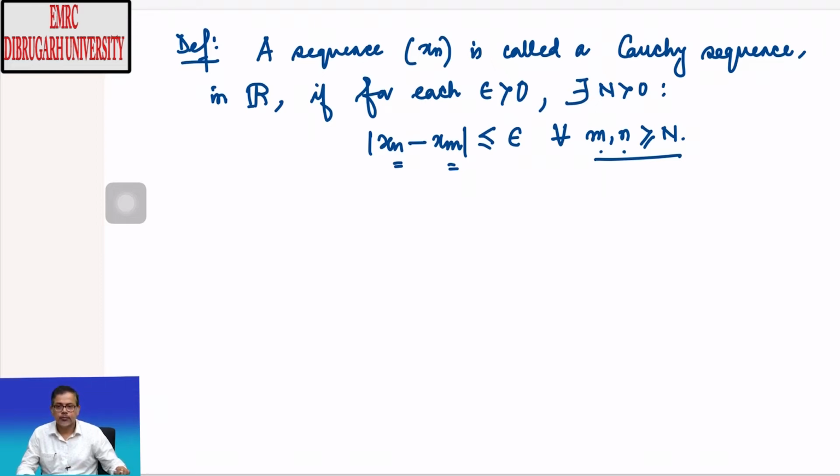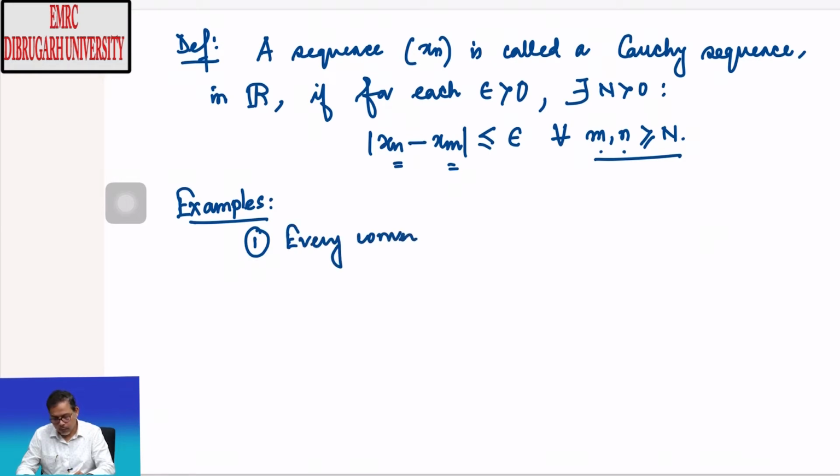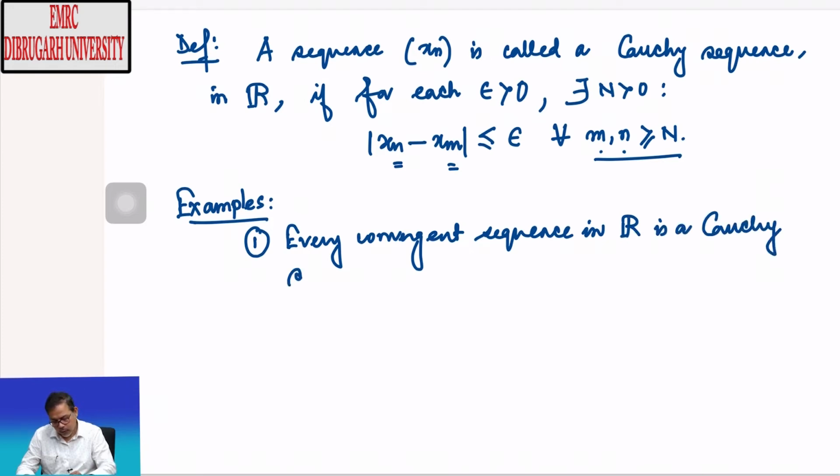Let us take some examples. Every convergent sequence in R is a Cauchy sequence.